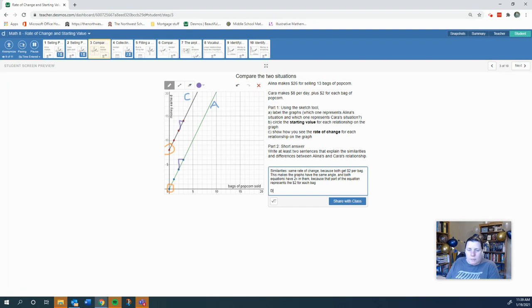And then differences. The main difference: Kara gets an extra $8 per day. So her graph starts at 8 instead of at 0. In Kara's equation, we see this because you add 8 to the 2x.